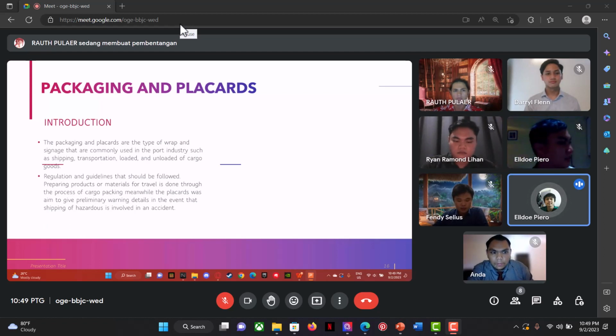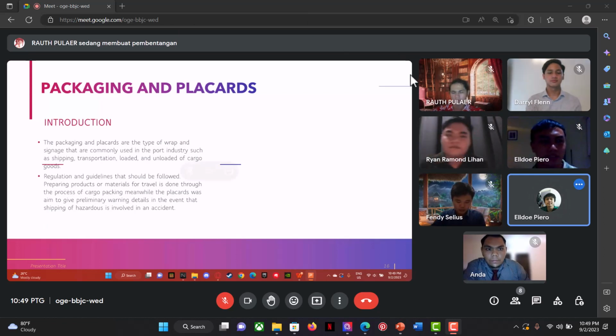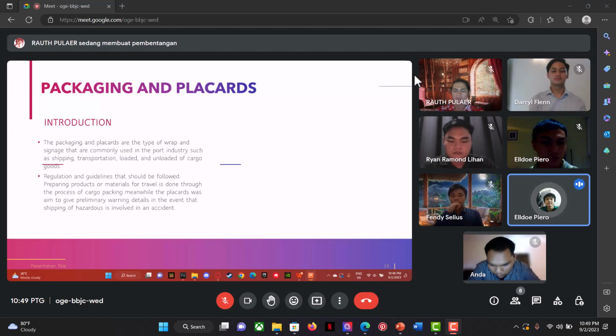Okay, for example, if our goods are being transported to another destination in good condition, that means the packaging is really in good condition. However, if the packaging is not good, it means the transportation will have a bad impact on the goods.